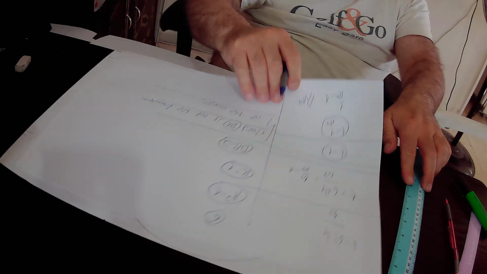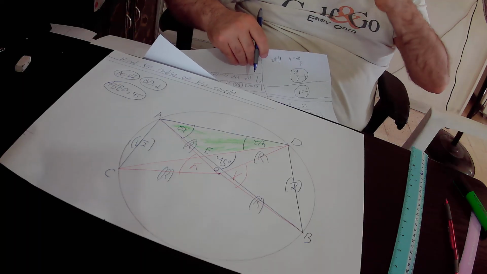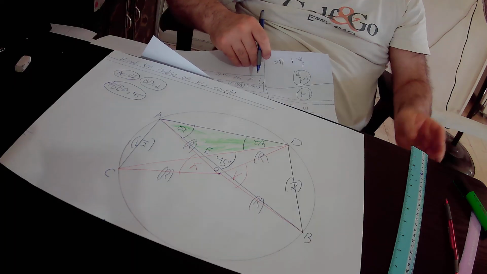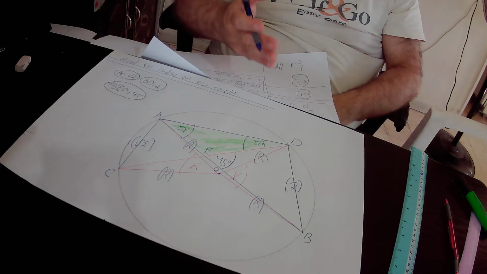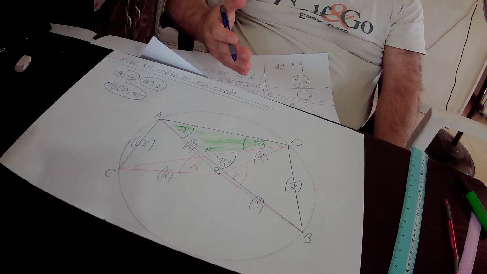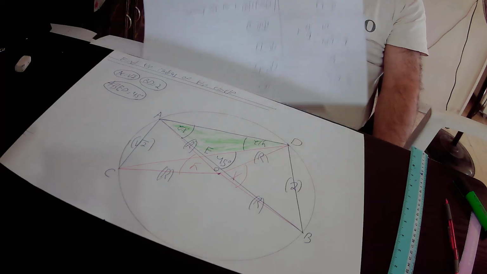But we also know that the diameter of any circle is the longest chord in the circle. What is the diameter of this circle? The diameter is of course 2r. Again, the diameter of this circle is 2r.